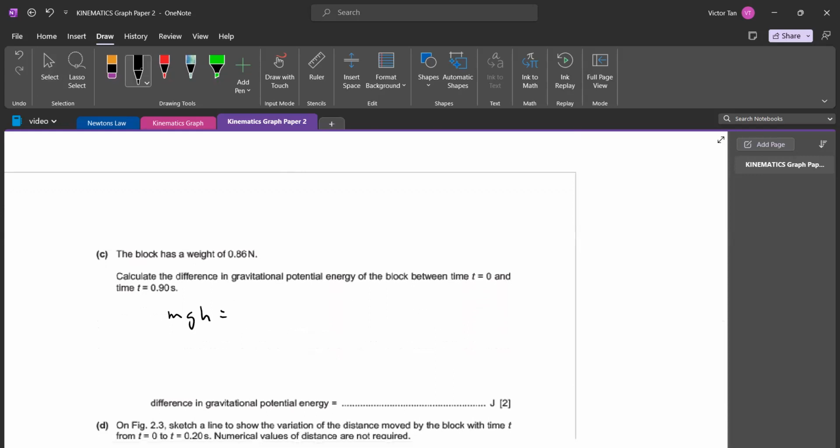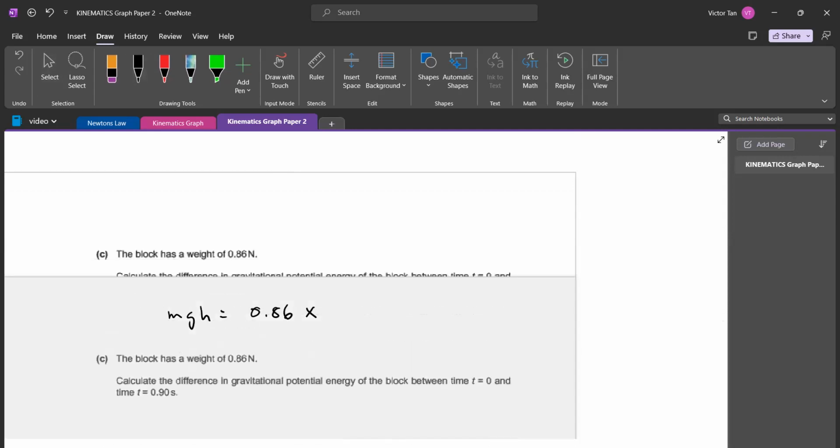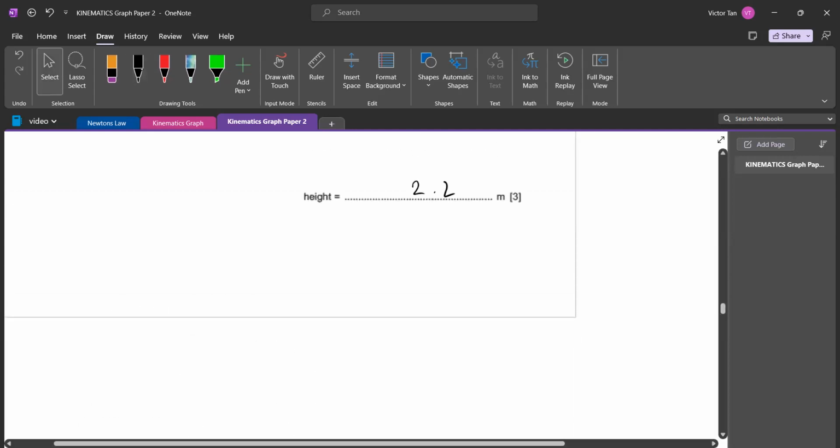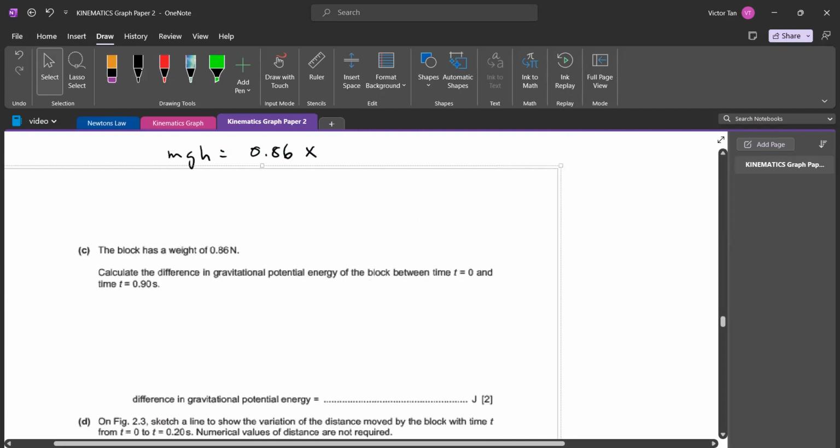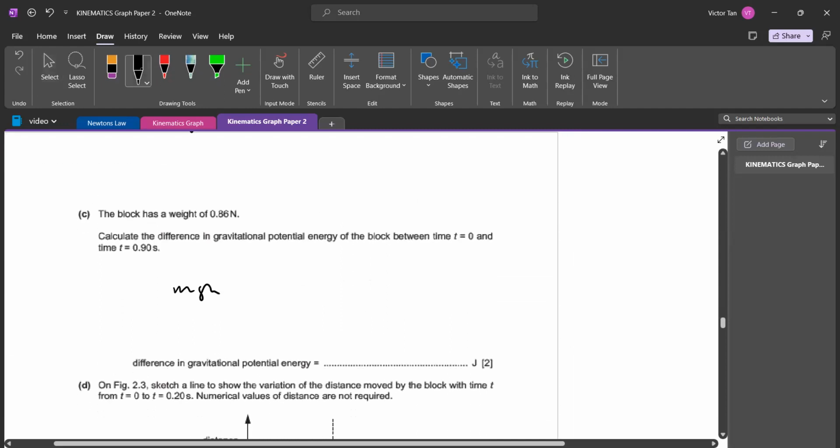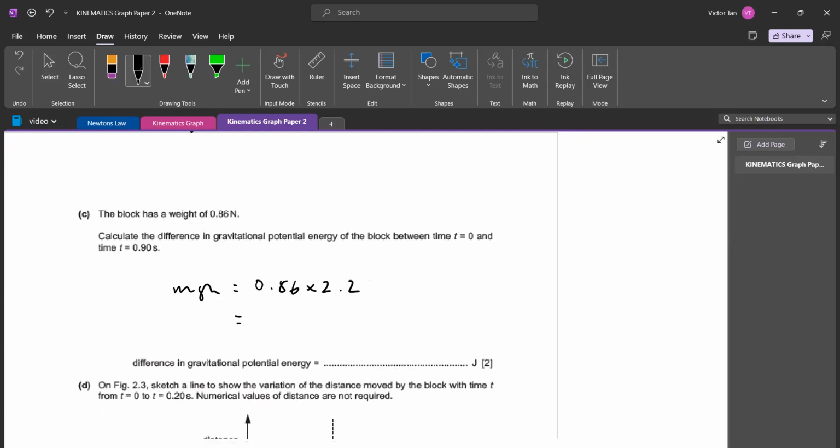So 0.86 is the weight, which is mg, times the answer that we got just now, 2.2. 0.86 times 2.2. To two significant figures is 1.9 joules.